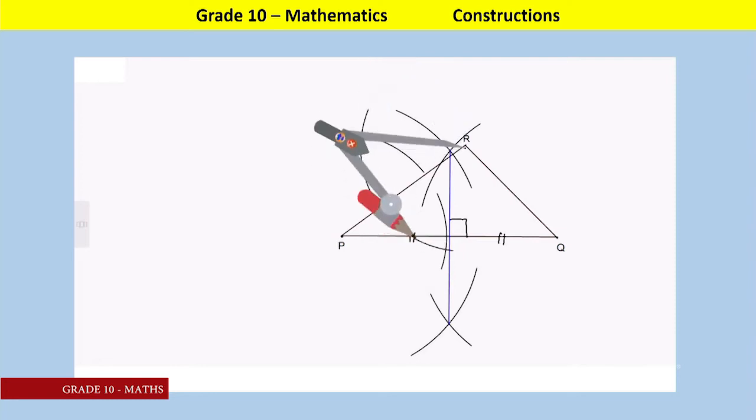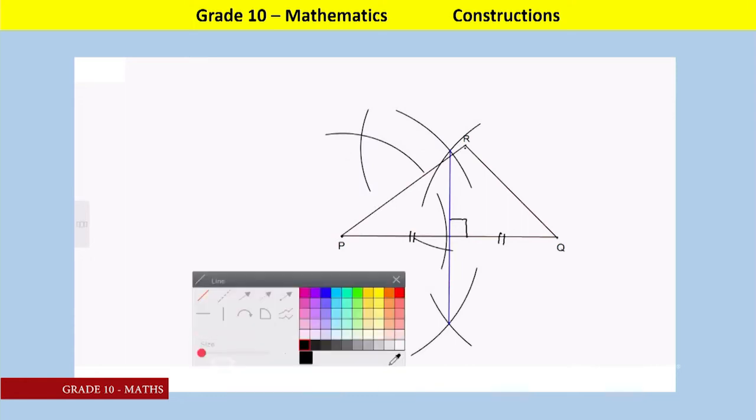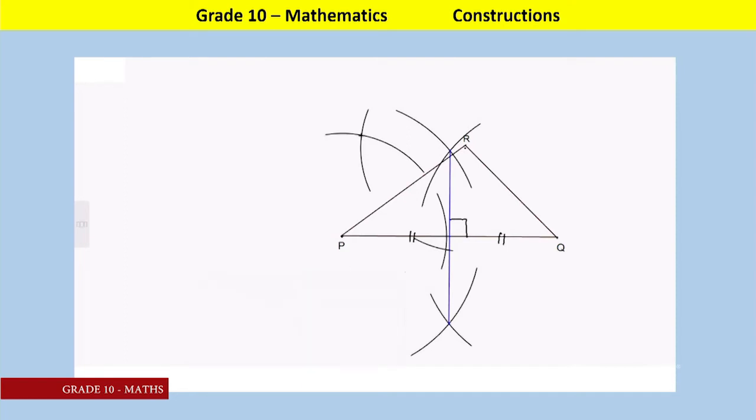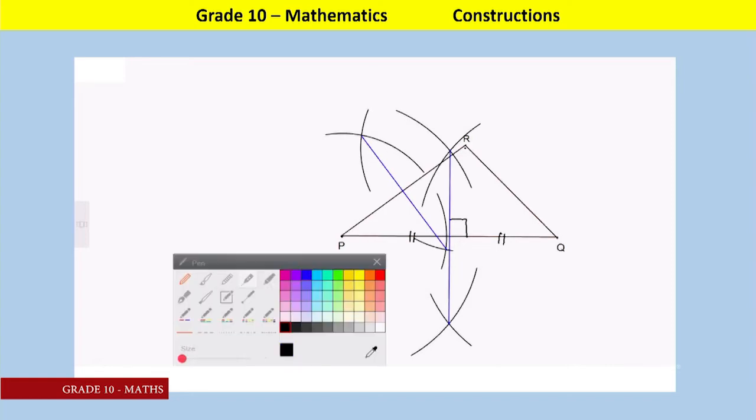Here we found 2 points. Let's join those 2 points. Take the help of a ruler and join the 2 points. Here we have found the perpendicular bisector of PR.